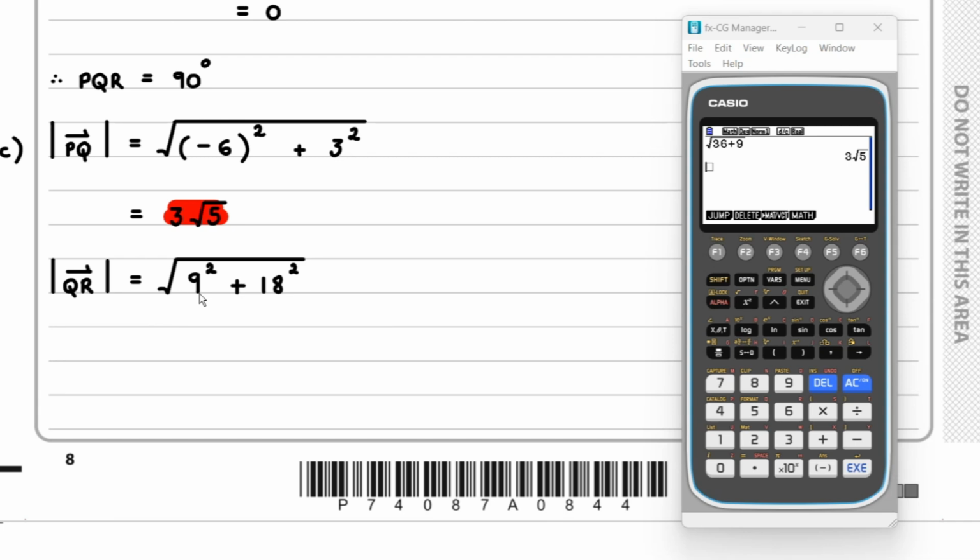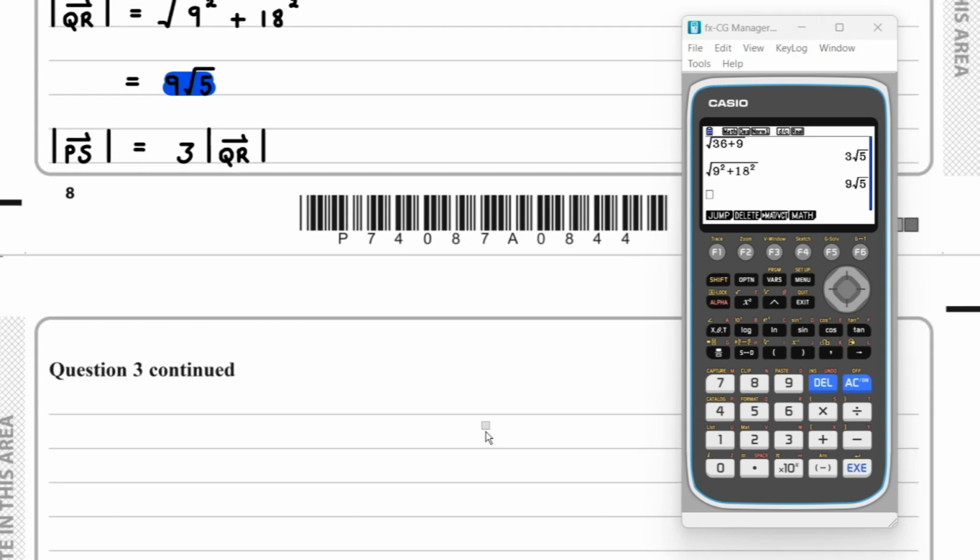That's equal to the square root of 9 squared plus 18 squared. Working this out, that is 9 root 5. We also know that the magnitude of PS is equal to 3 multiplied by the magnitude of QR. That is because PS equals 3QR. So we have 3 multiplied by 9 root 5, which is 27 root 5.